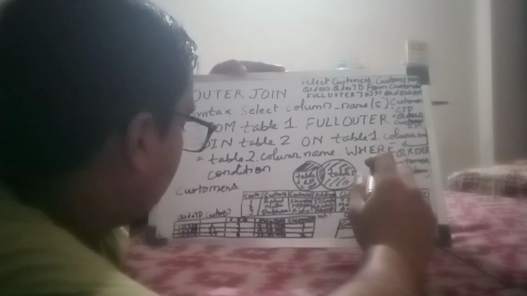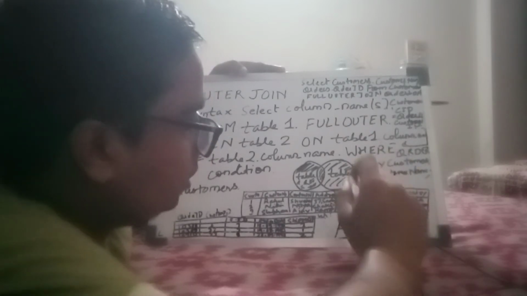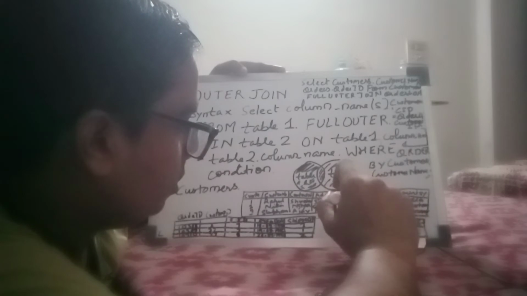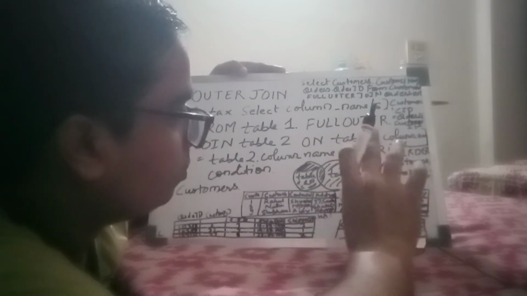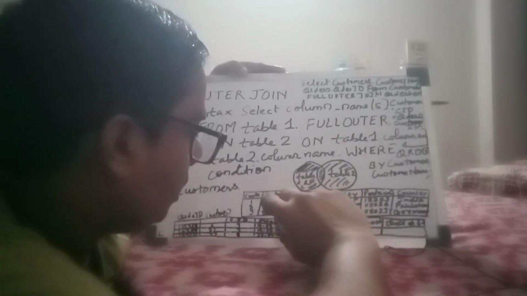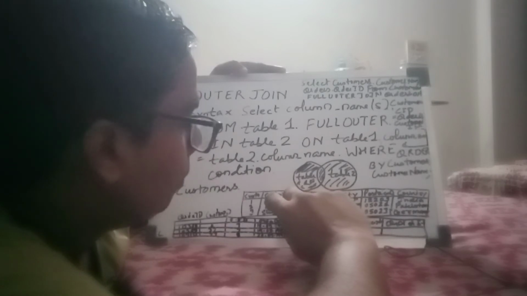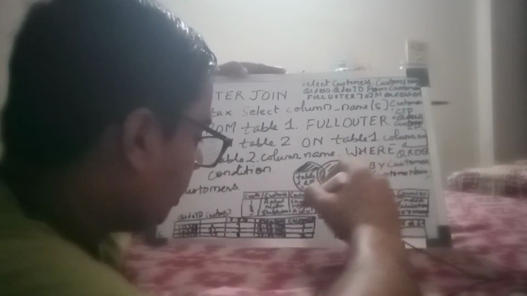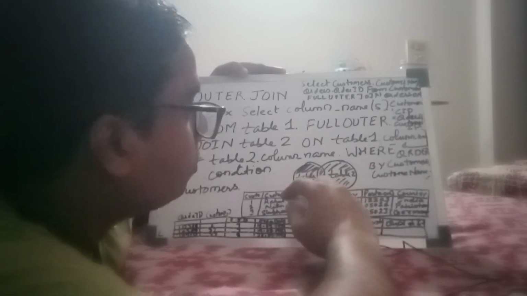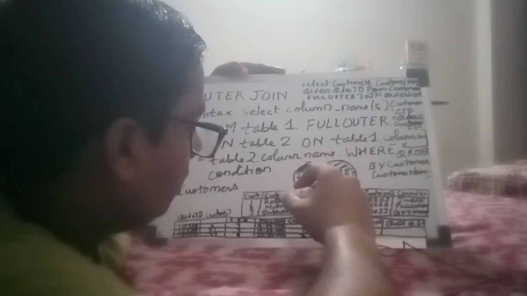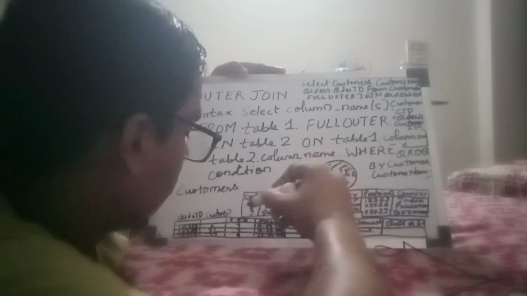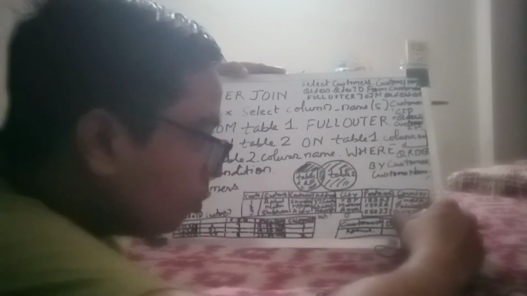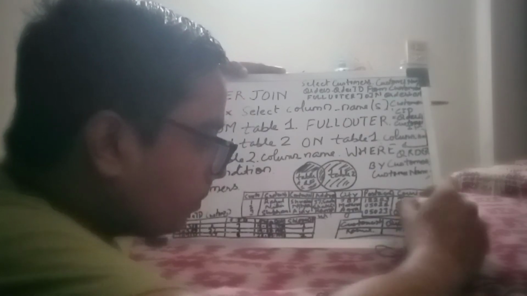For each customer's name, if you take customer name as Rahul, the customer name would be Rahul, and for order ID, since there is no matching column with customers dot customer ID, Rahul's customer ID is 1 and in orders dot customer ID there is no 1, so null would be displayed here.